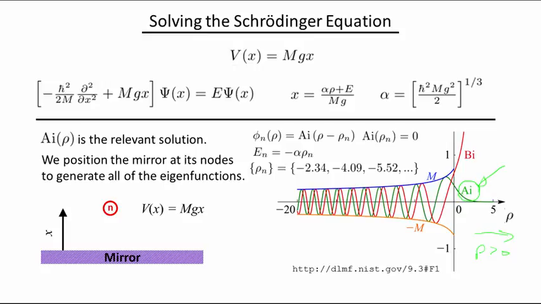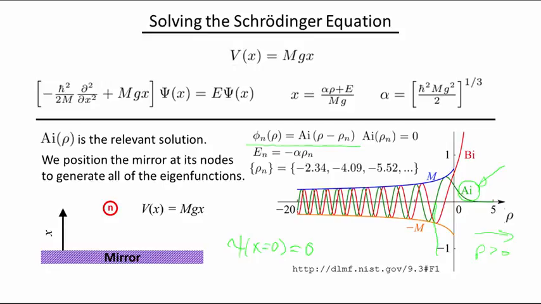So knowing that that is the solution, how do we satisfy the boundary condition that psi of x equals 0 is equal to 0? Well, we're writing the wave function in terms of an Airy function, so we have an additional parameter available to us, which is a constant offset in the solution.